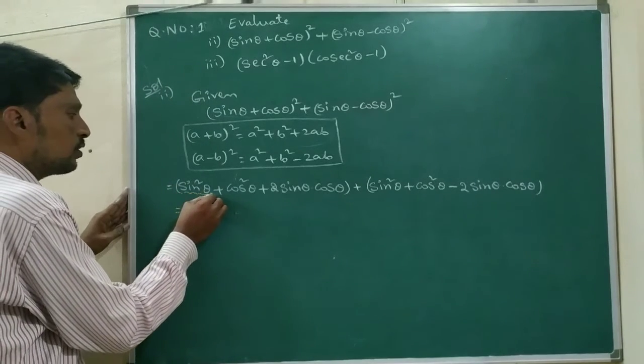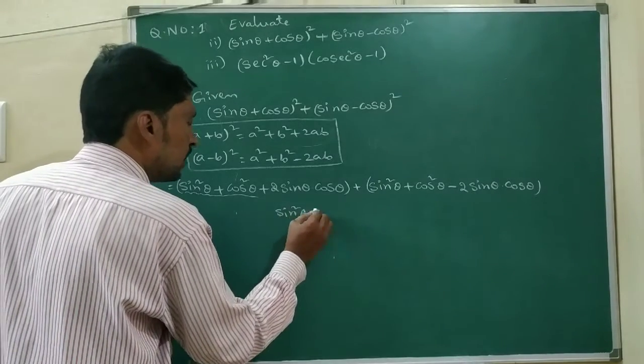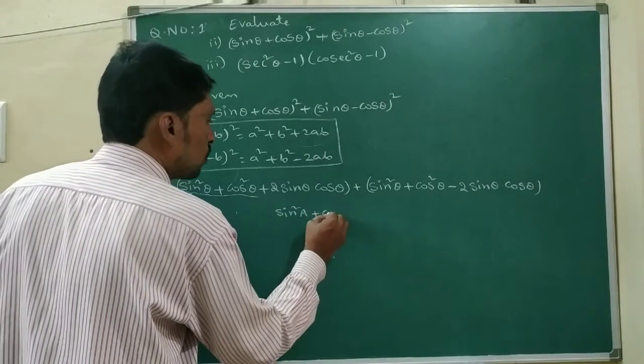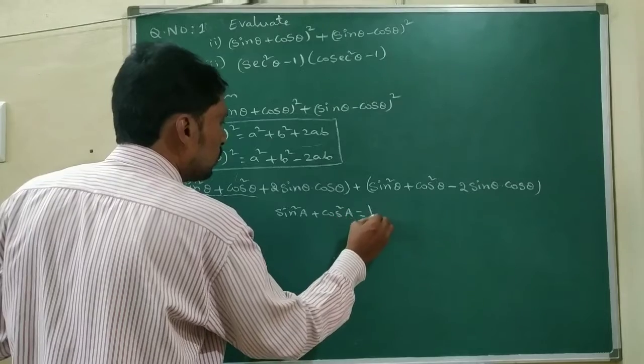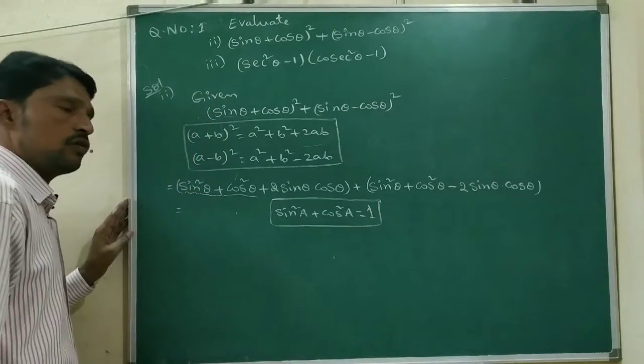So up to here you can see it is of the form sin square A plus cos square A, we are using the identity sin square A plus cos square A equal to 1.